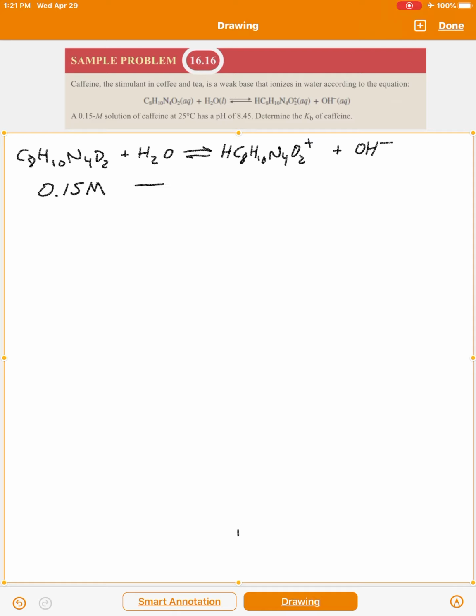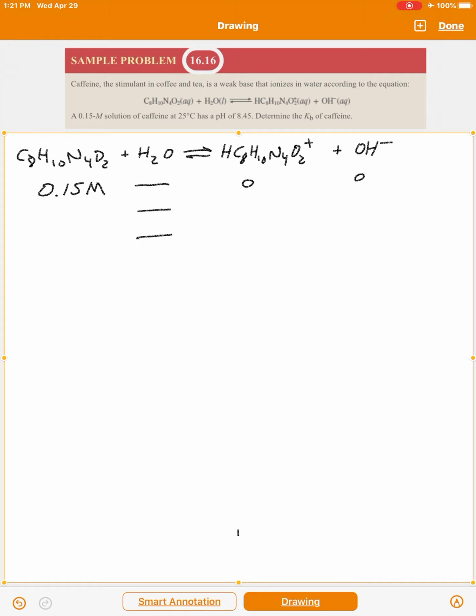This is a liquid. We don't need to worry about it. In fact, we don't need to worry about the liquid in any of these steps. This is initially going to be 0 and 0, right? Because before you dissolve it, there isn't any of the products. It's after it dissolves and reacts and ionizes that you have the products.